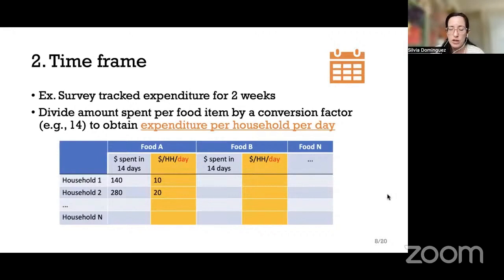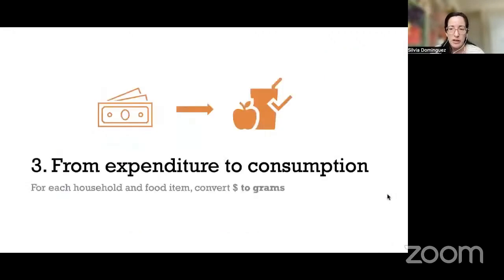So this one is quite simple. Now, those were just some preliminary steps to standardize our input, our raw data. Now we'll go through the core steps to transform our data from food expenditure into consumption, meaning from amount of money spent on food into amount of mass quantity. So, for example, grams or milliliters of food consumed.